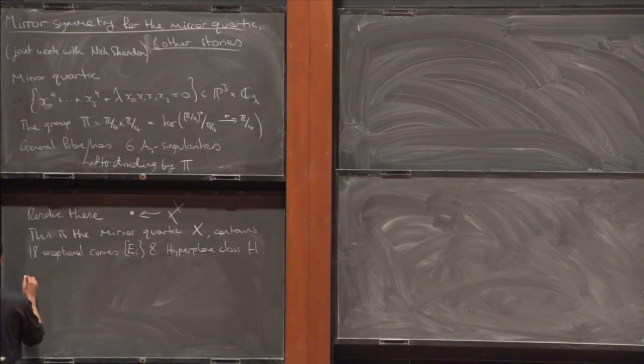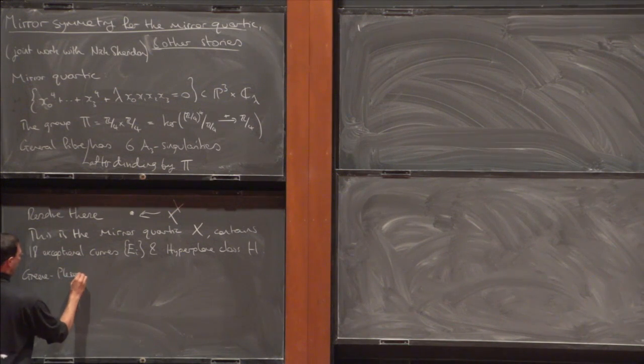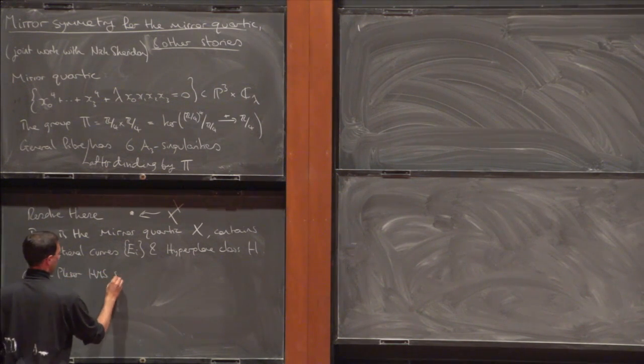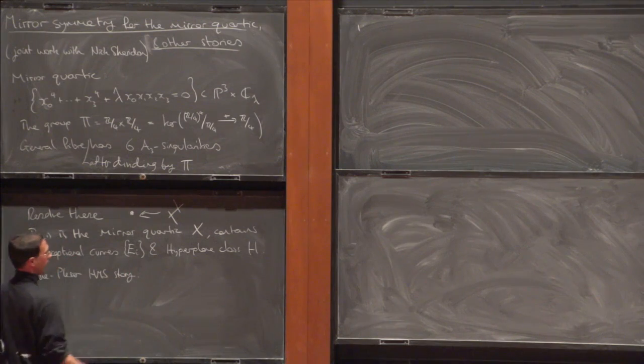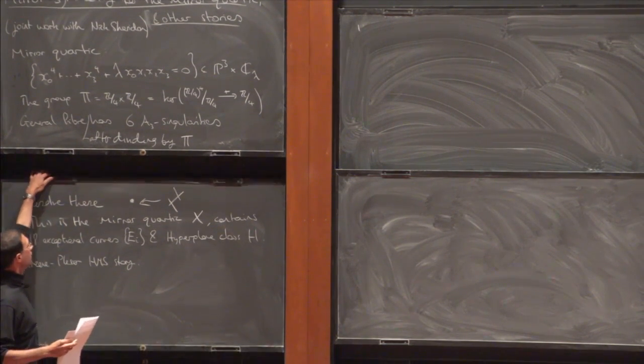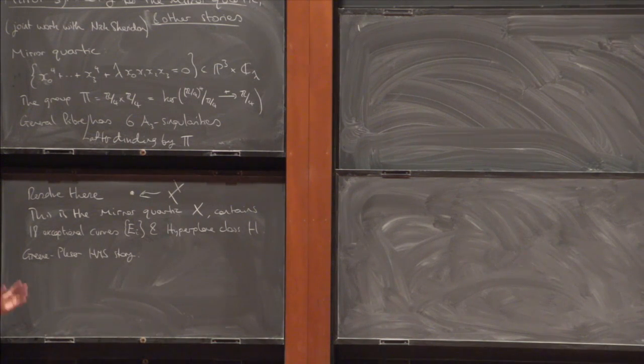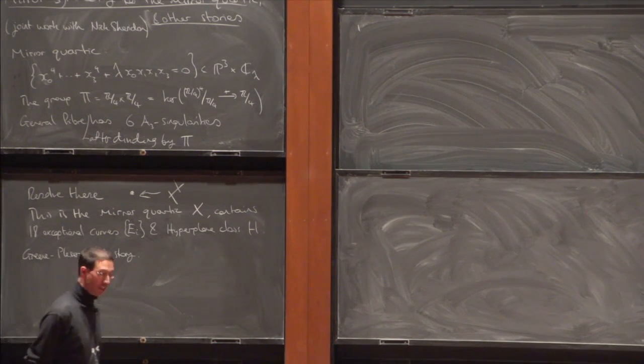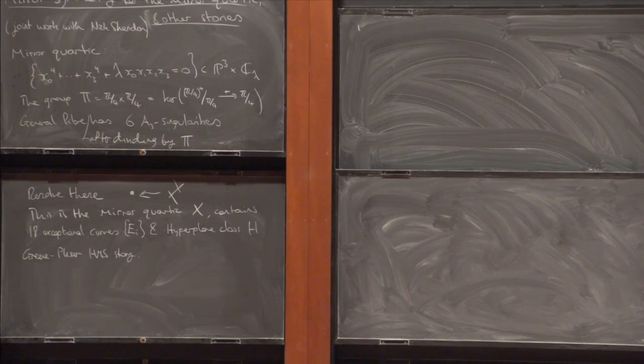And an instance of the Green-Plesser mirror story, as discussed by Nick, tells us something about the Fukaya category of this mirror quartic when equipped with appropriate toric Kähler forms.